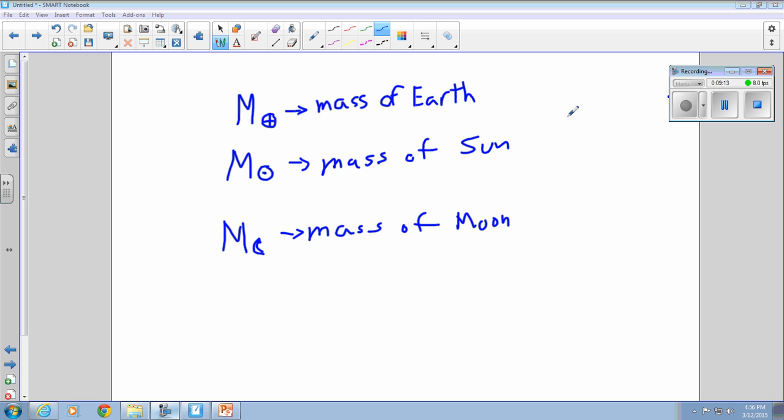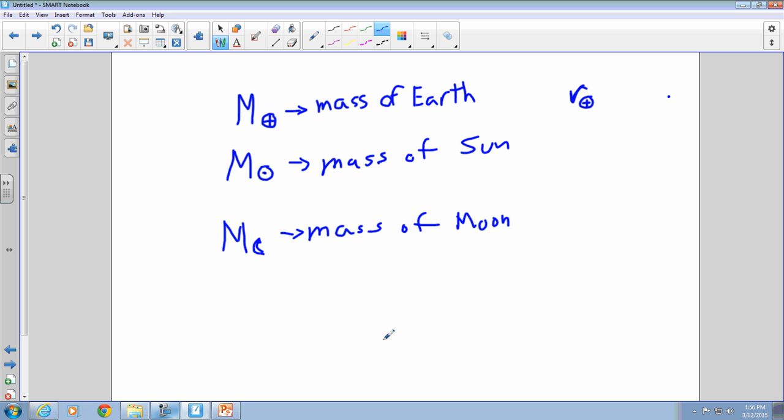If you do radius of the Earth, you'd still use this symbol. You'd use R, and that would signify the radius. If you wanted to do the radius between the Earth and the Sun, you'd have R with the Earth symbol and the Sun symbol. Same thing with Earth and Moon.